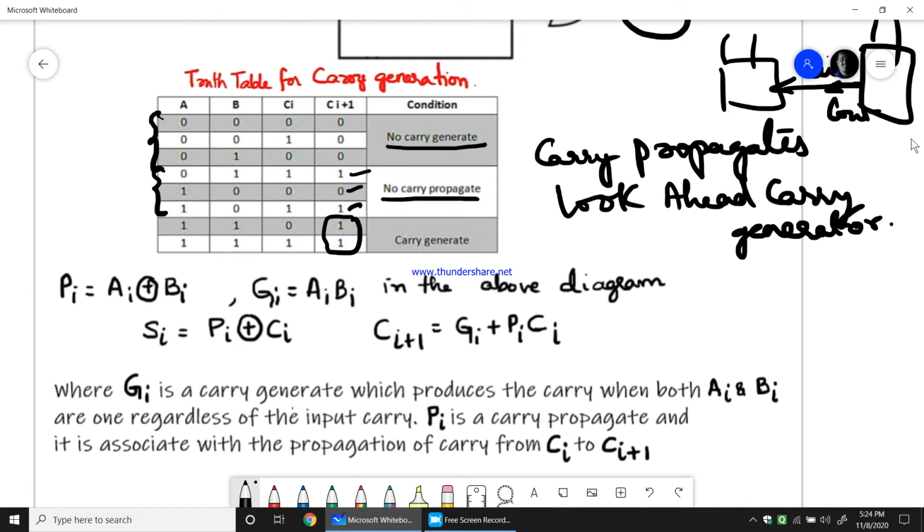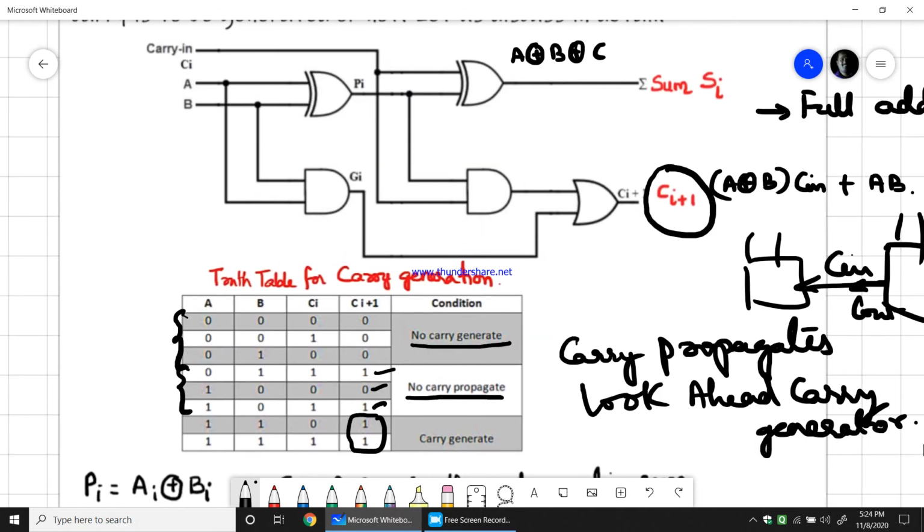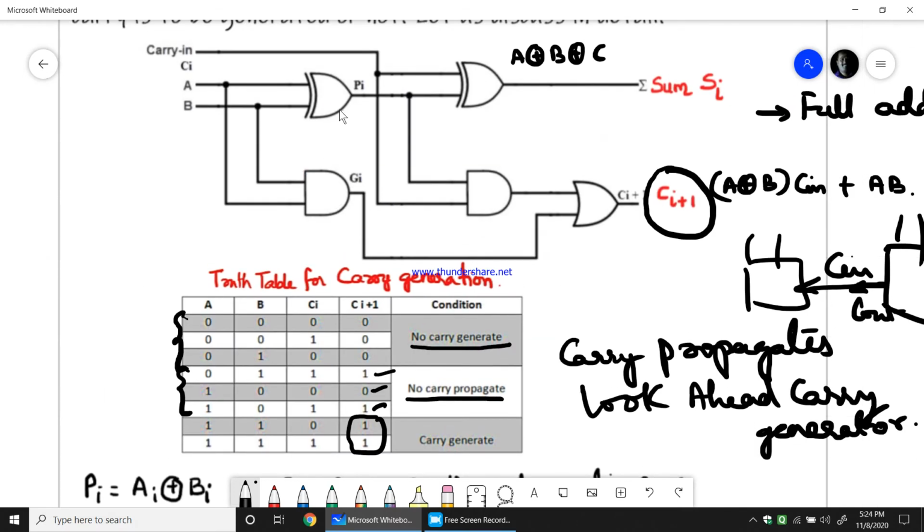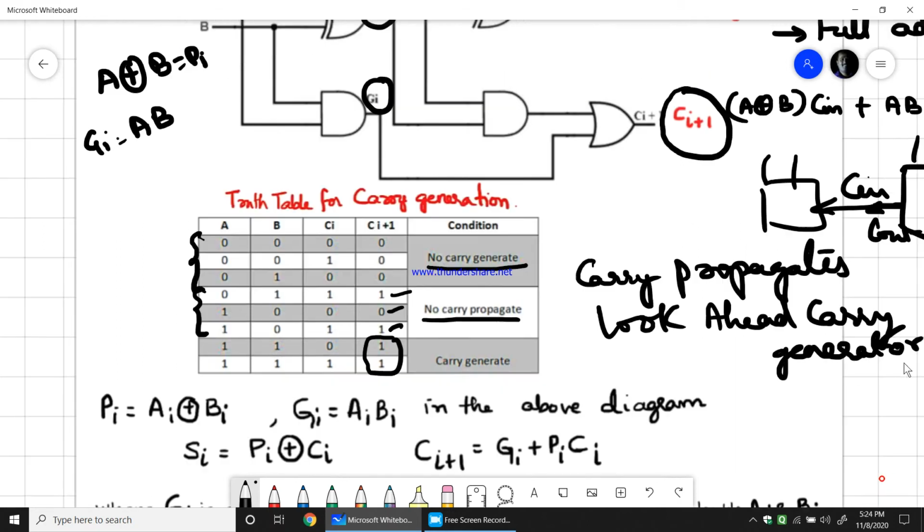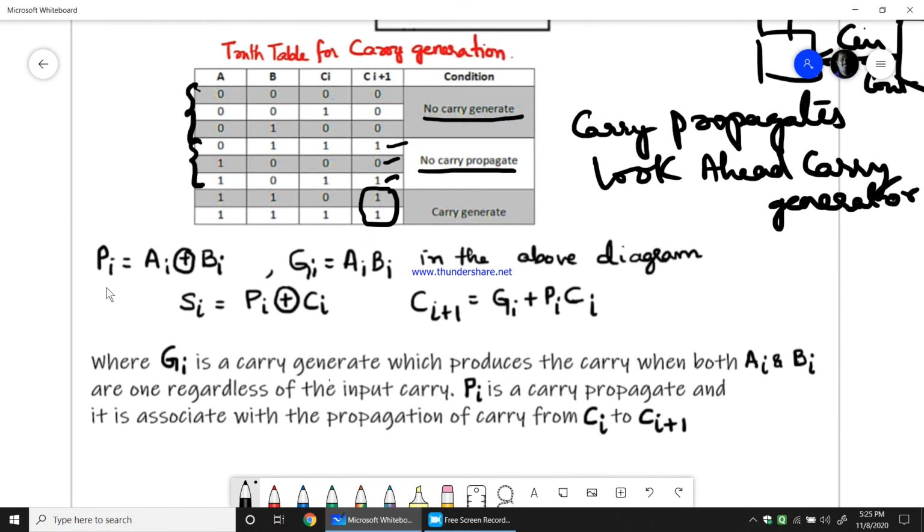So in the above diagram, Pi is nothing but A XOR B, and Gi is nothing but A and B. Okay, Pi is A XOR B and Gi is A and B. So therefore, Pi is Ai XOR Bi, Gi is Ai and Bi in the above diagram.